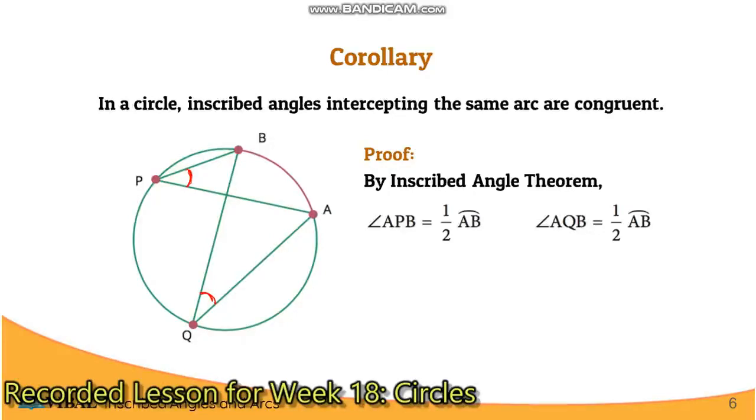Now, we know that the measure of any arc form is equivalent also to the measure of the central angle. Kahit na walang central angle na nakalagay dito sa figure, mga anak, kailangan maintindihan natin na itong measure ng arc AB na yan ay equivalent pa rin sa central angle.